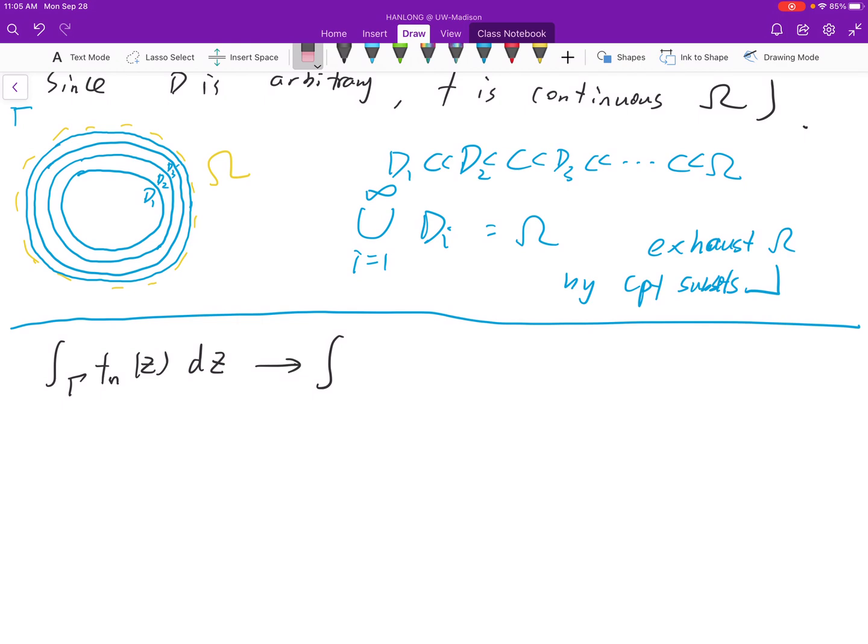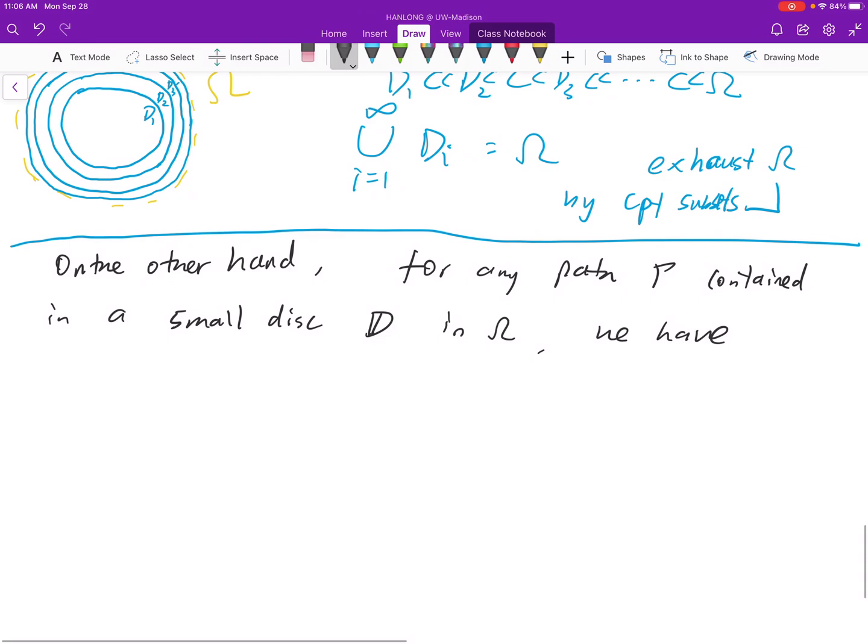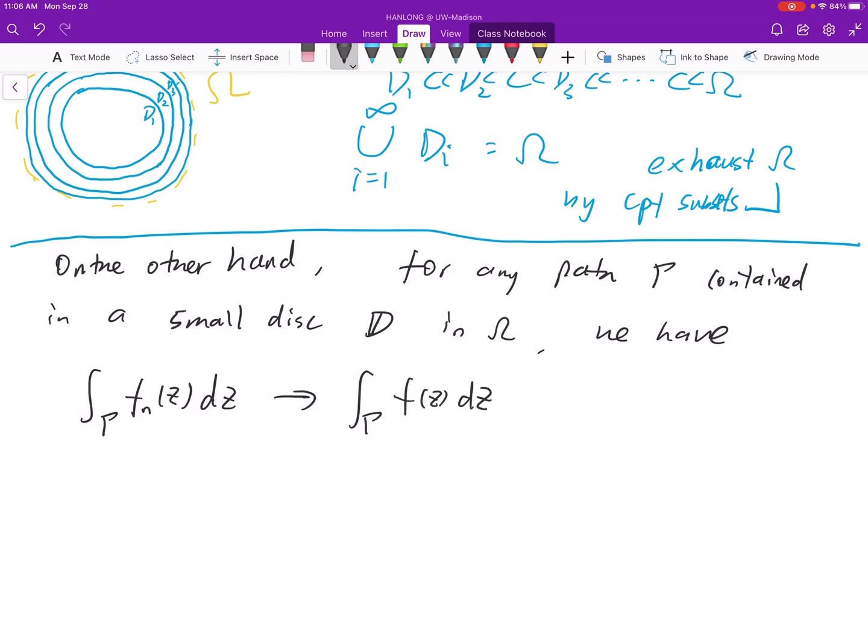On the other hand, for any path gamma contained in a small disk, let's call it D, in omega, we have the integration of Fn(z) dz along gamma converges to the integration of F(z) dz along gamma when n goes to infinity.